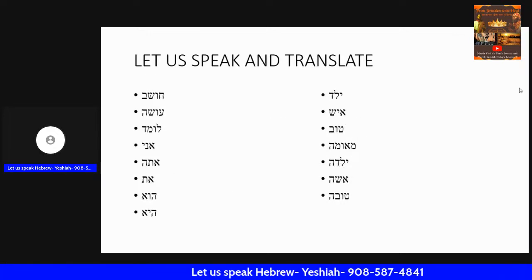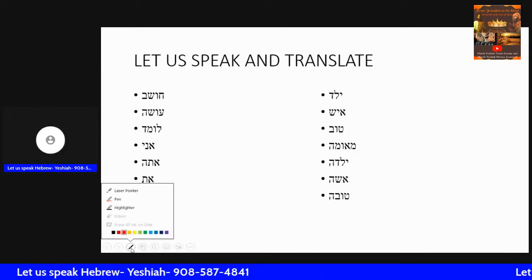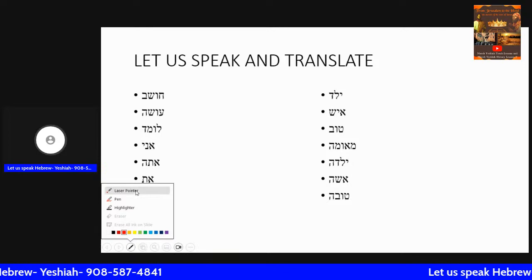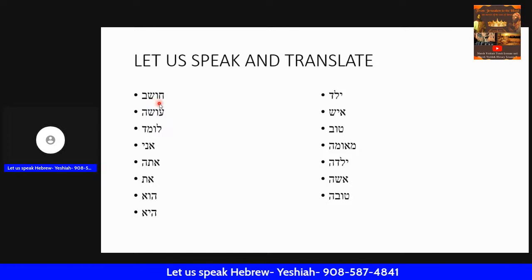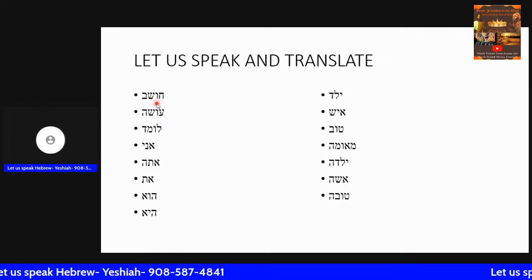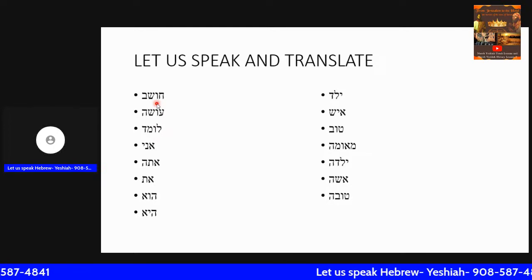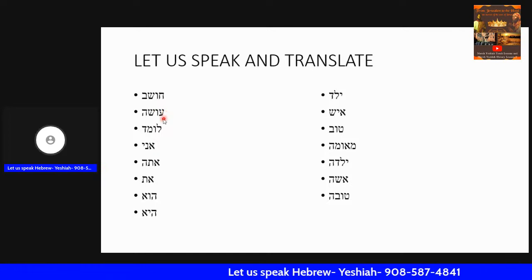Let us speak and translate. Going to assist this with the laser pointer, this word here. This is the word khושב. The word khושב means thinking. The verbs that we're going to be using here is in the present tense. All right?